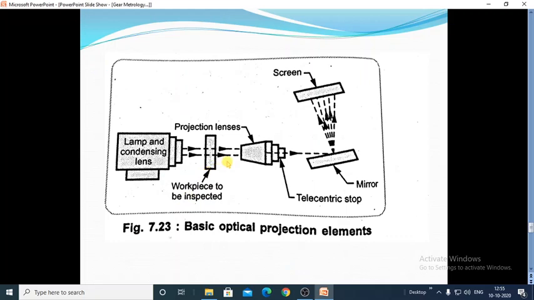You can see over here the profile projector. See the different components.